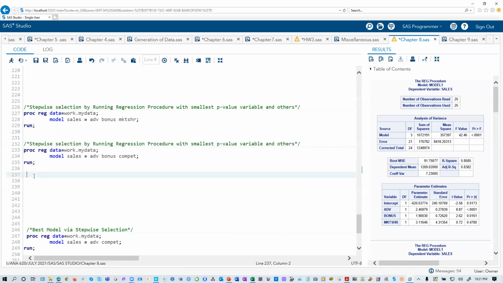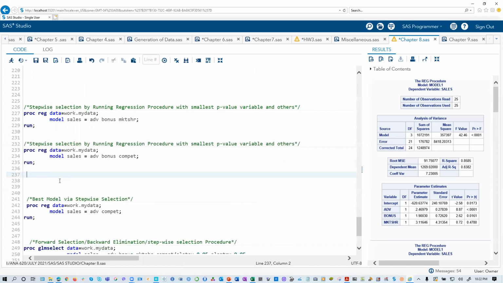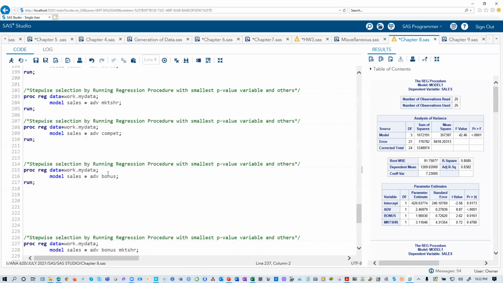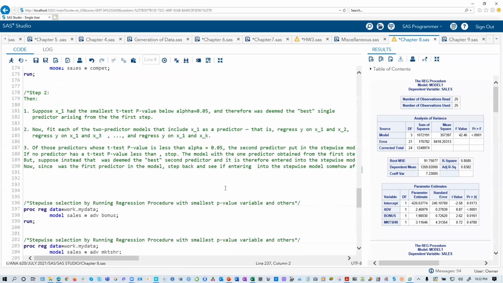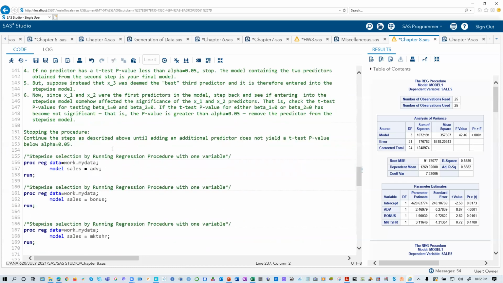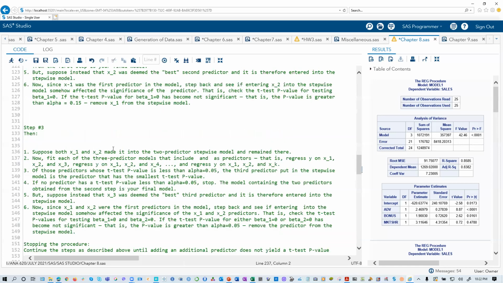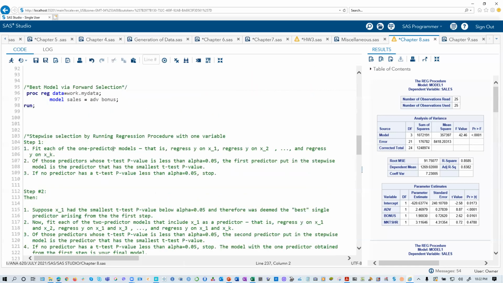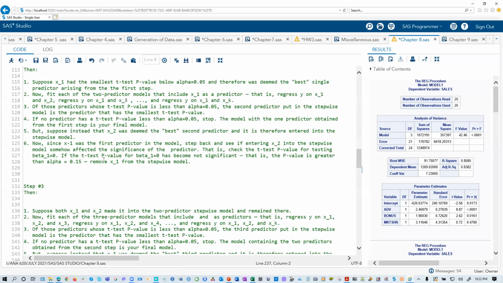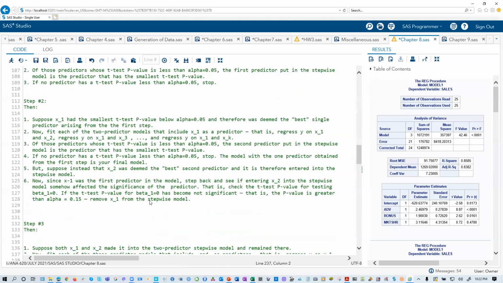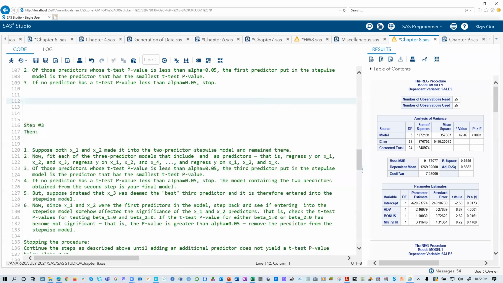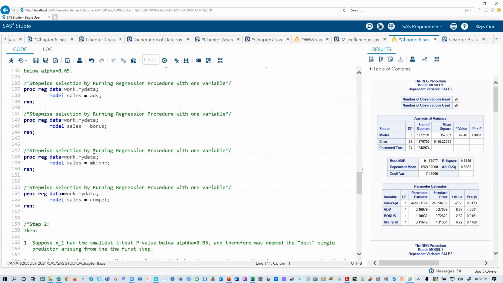Why is there this step 2? This is step 2. For step 1, I'm going to do it like this, it's easy. I'm going to get step 2, the whole thing, cut, and paste after step 1.